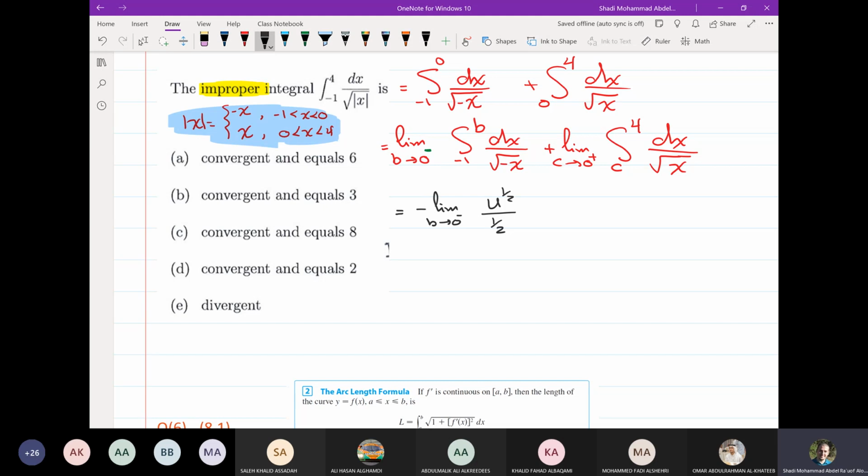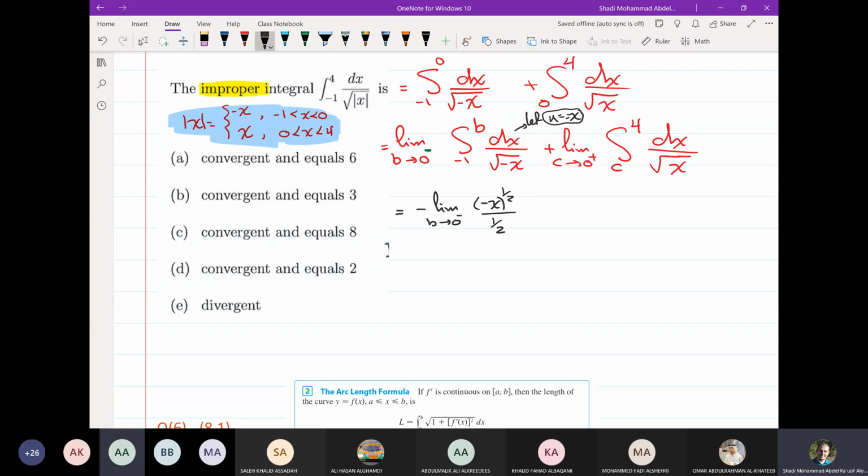And you substitute the value of u again, it will be minus x here. Is that clear, guys? Here it is just substitution. You let u equal minus x and make the substitution.